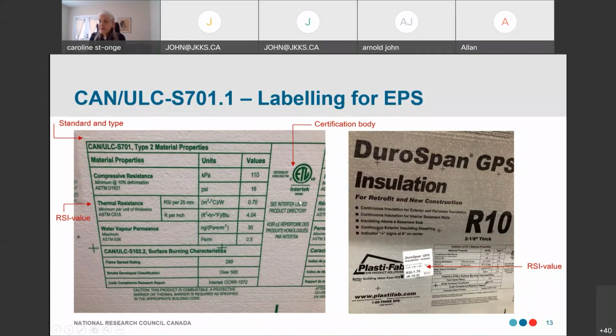And here the certification body who did the assessment of the product is stated. On the right side, there is another product where the label is printed over the board, but as well there is a sticker that specifies the RSI value per inch, which is good.